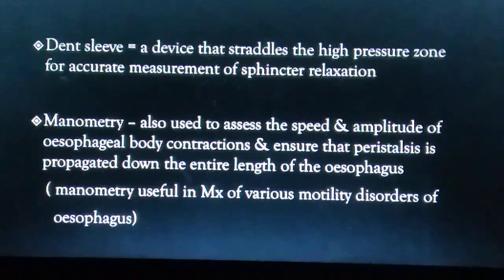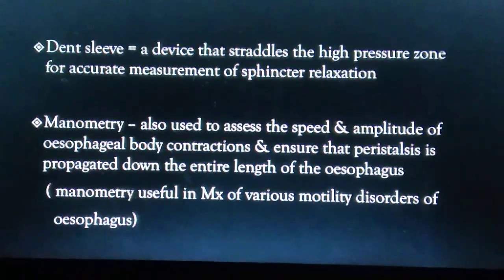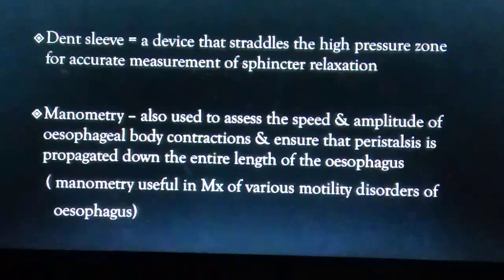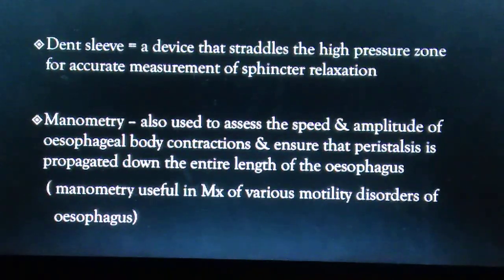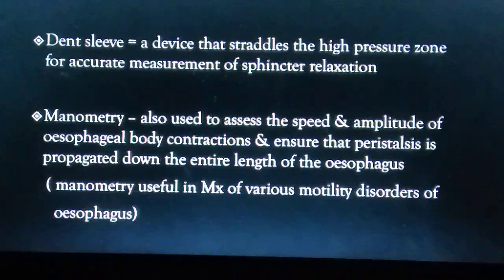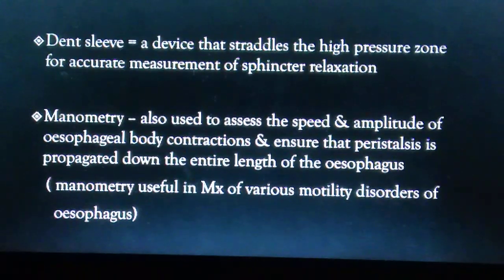This is helpful in diagnosing various esophageal disorders. It is also used to assess the speed and amplitude of esophageal body contractions, and it tells us whether peristalsis is propagated down the entire length of the esophagus or not.